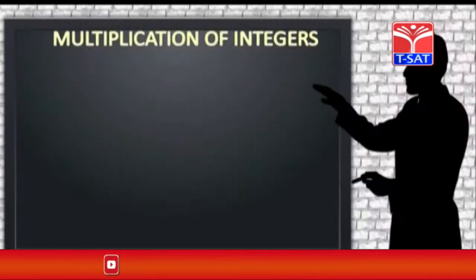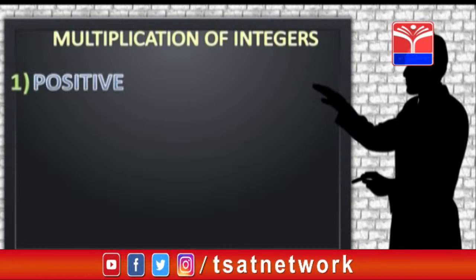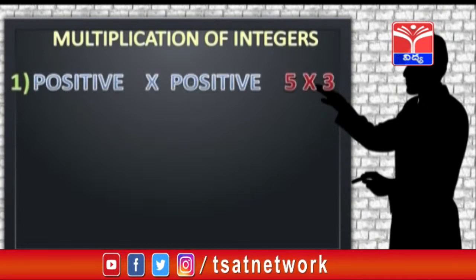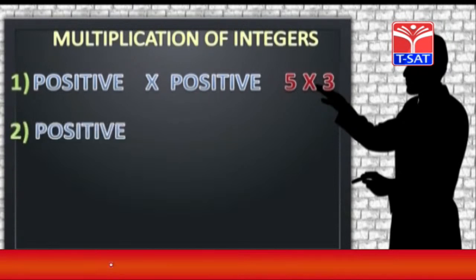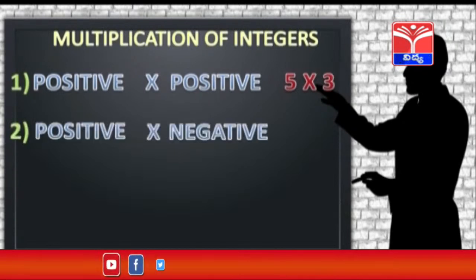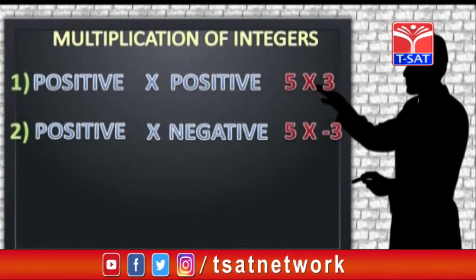In multiplication of integers, there are 4 different products. First one is positive times positive. For example, 5 times 3, that is a positive number multiplied to a positive number. And the second one is positive times negative, that means a positive number multiplied to a negative number, for example 5 times minus 3.